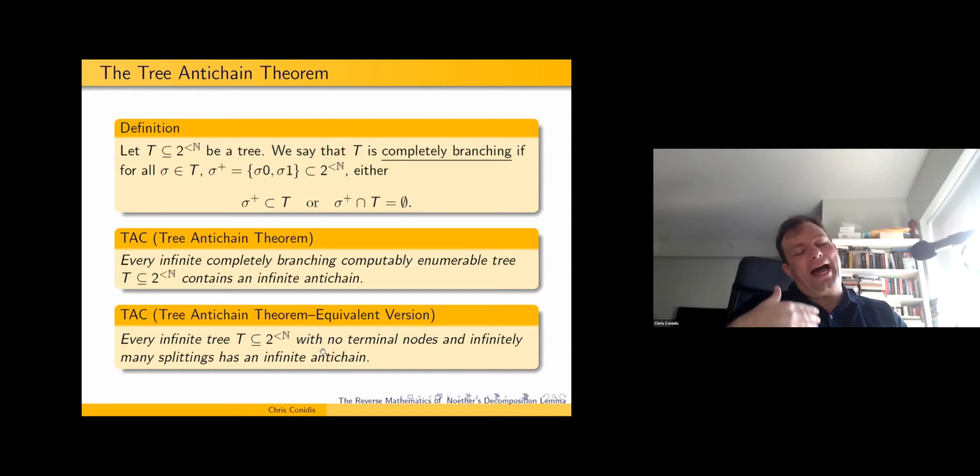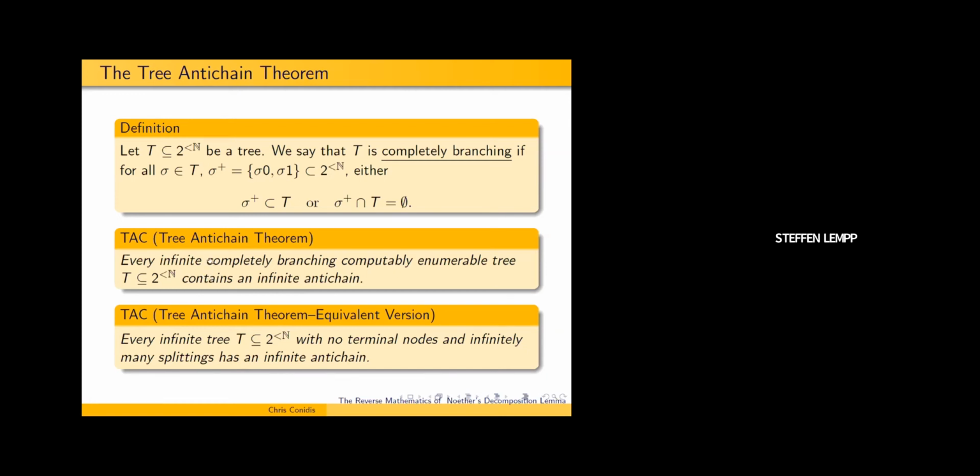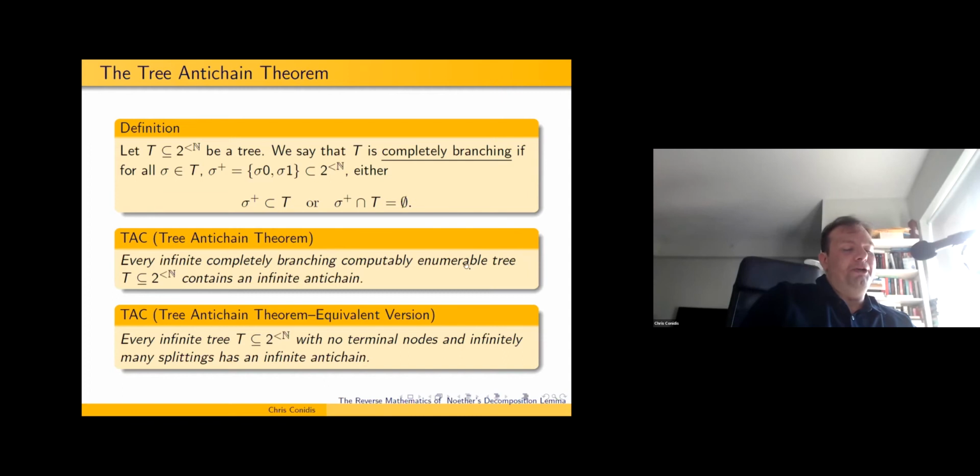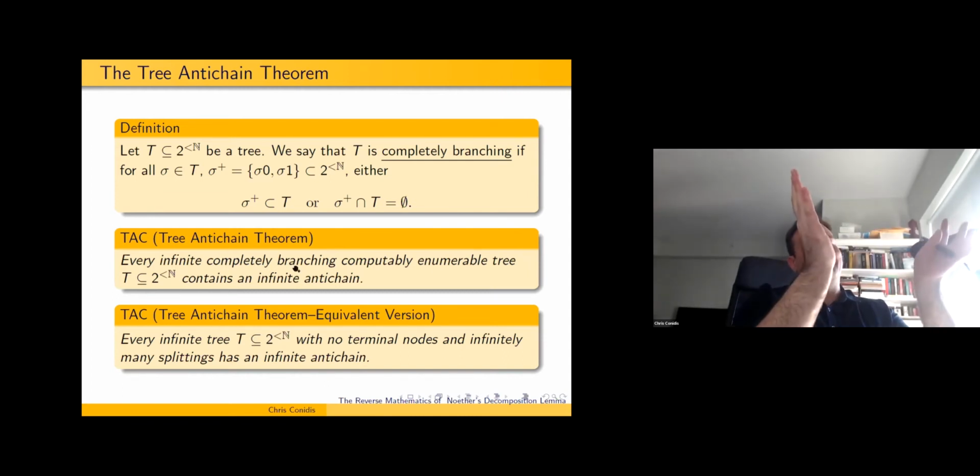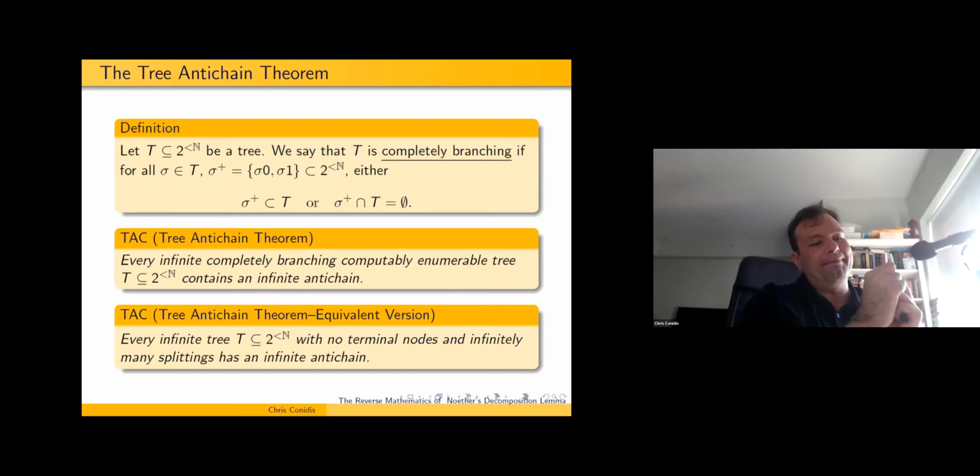And that's how you pad out your enumeration of these splittings, because the first version talks about a completely branching computably enumerable tree. And remember, when I say completely branching, I mean everything is either split or else a dead end, right? And so you basically pad out these branchings from the first version to the second version with the no terminal node condition.